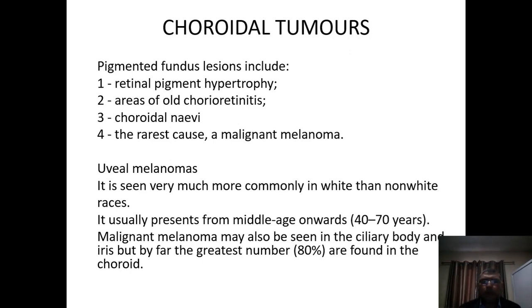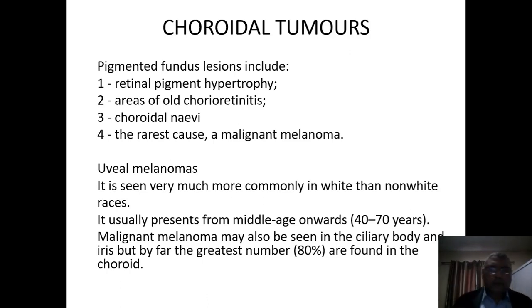Pigmented lesions of the fundus may include retinal pigment hypertrophy, which is localized, non-elevated pigmented areas of the fundus, or areas of previous chorioretinitis, multiple scars in the fundus with a patient history of uveitis and chorioretinitis, and these scars are pigmented, choroidal nevi, and the rarest cause, which is malignant melanoma.